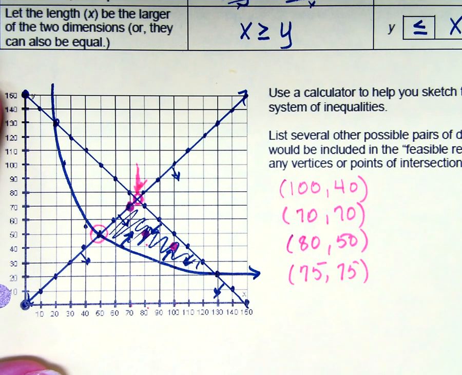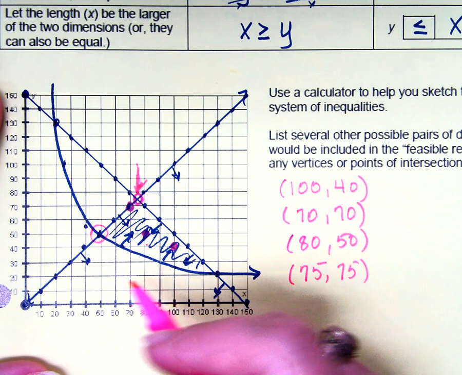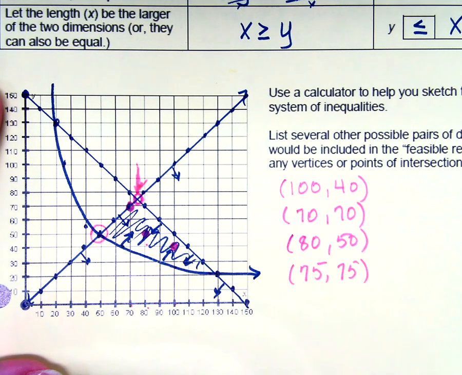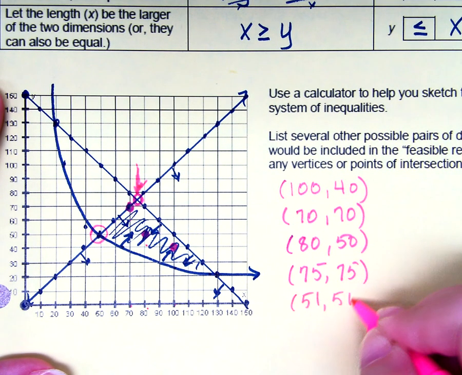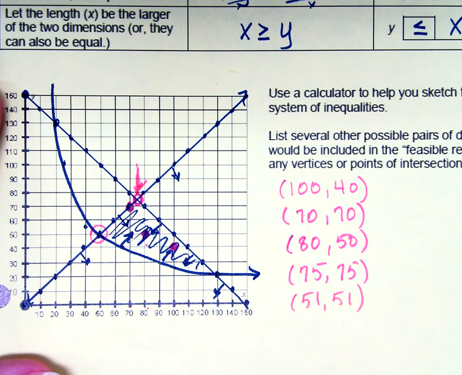I said 60, 60. I meant 50, 50. Sorry about that. Because that's what it looks like, right? 50 and 50. What is it actually? It's 51s. Good thing we didn't assume, right?